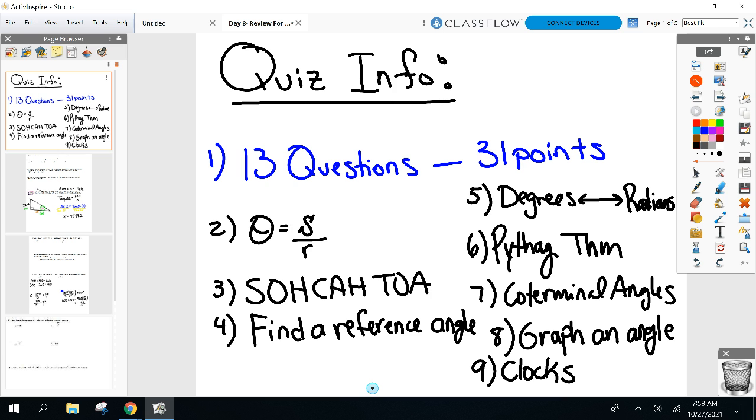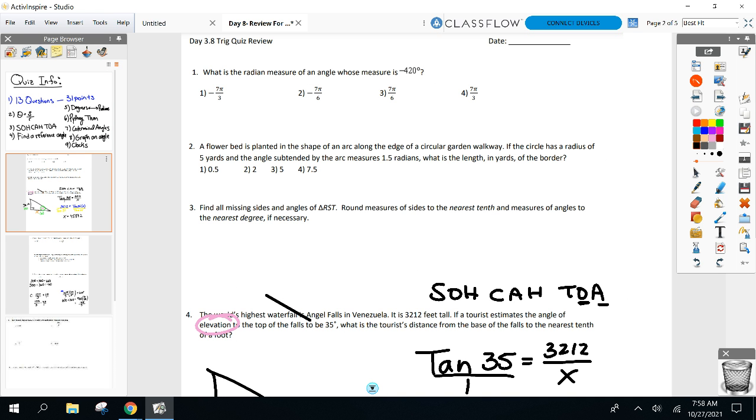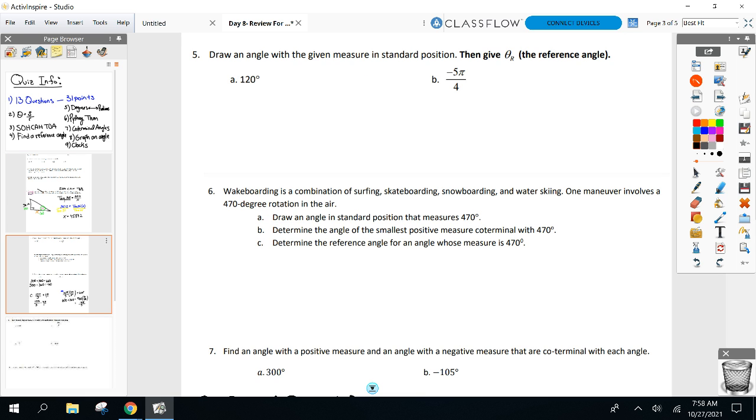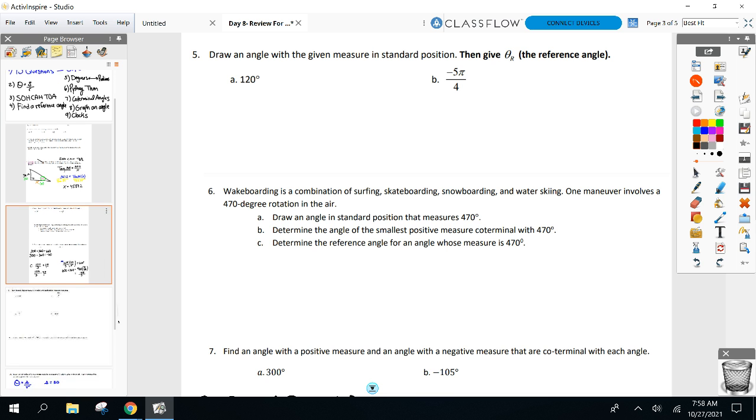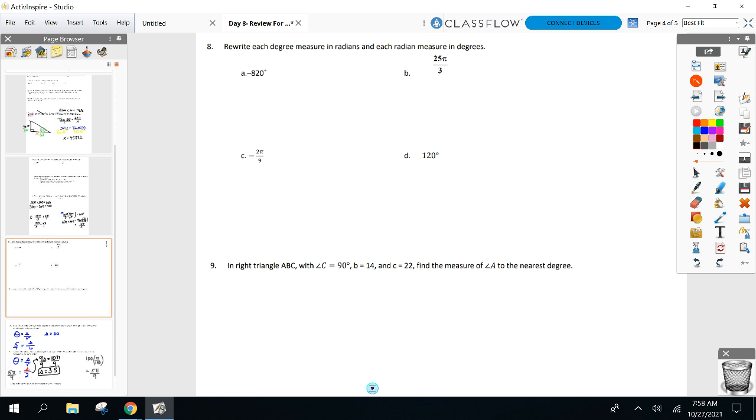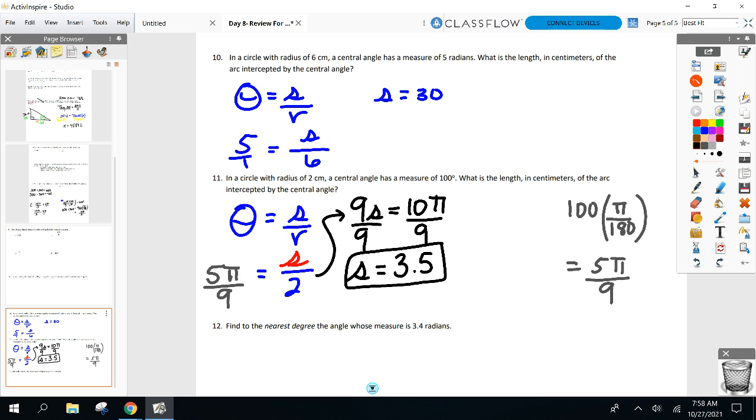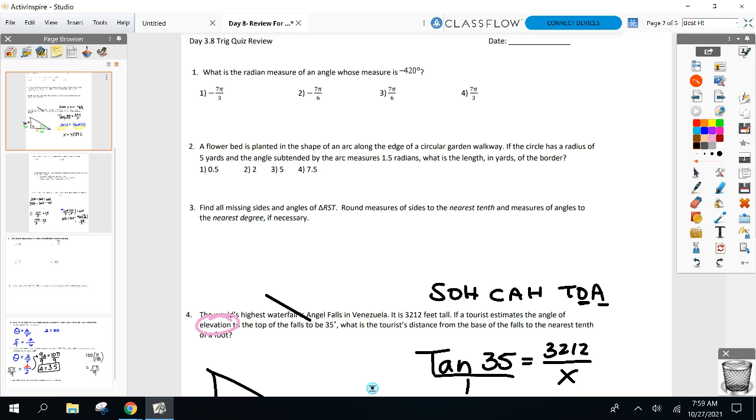Pythagorean theorem? All right, looks like I'm going to have to add in question 13 because I don't think I see any here.